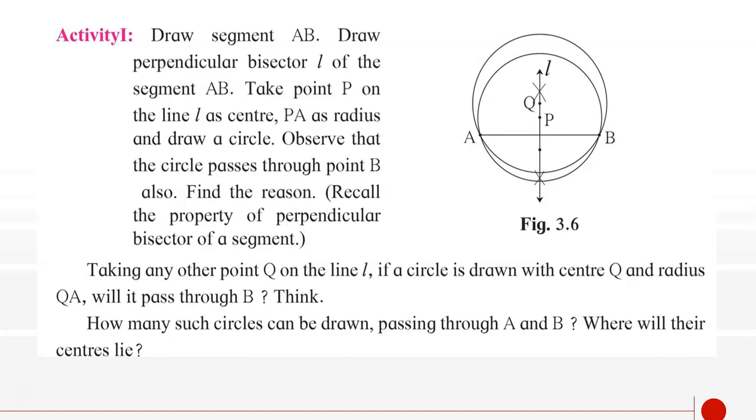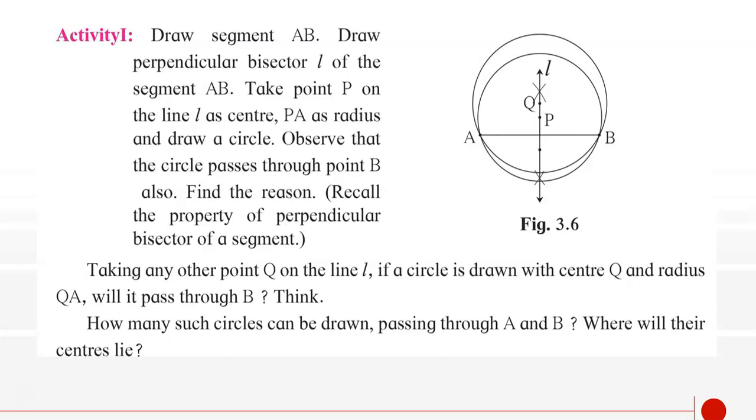Taking any other point Q on the line L, if a circle is drawn with center Q and radius QA, will it pass through B? Yes. The same concept will be applicable over here as well. If QA is the radius, QB will also be the radius and the circle will also pass through B. How many circles can be drawn passing through A and B?